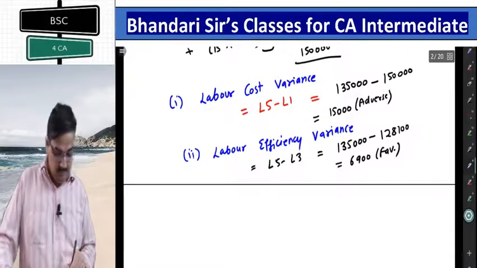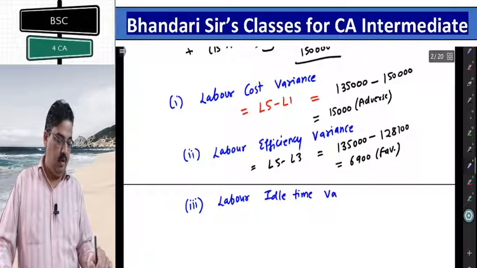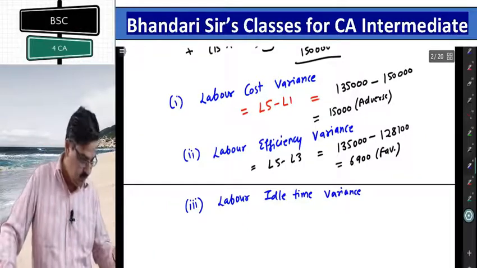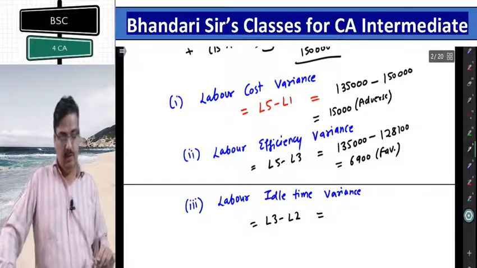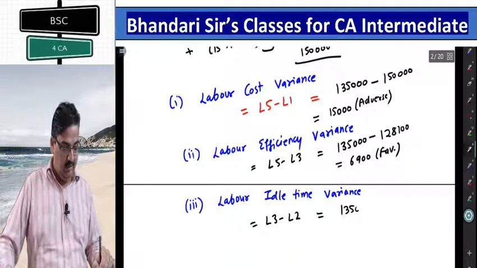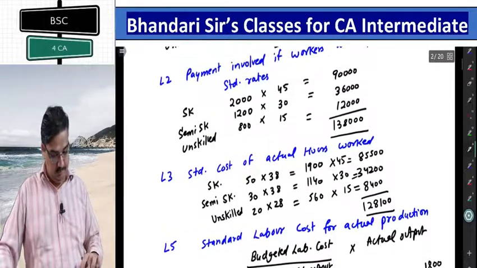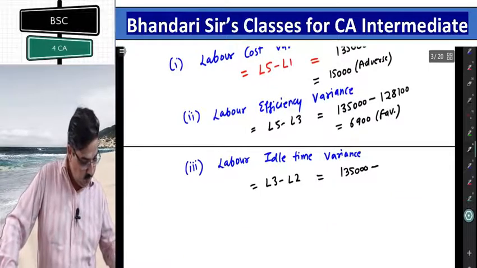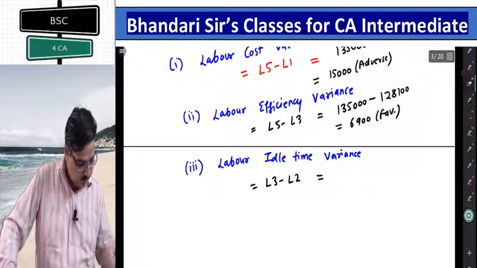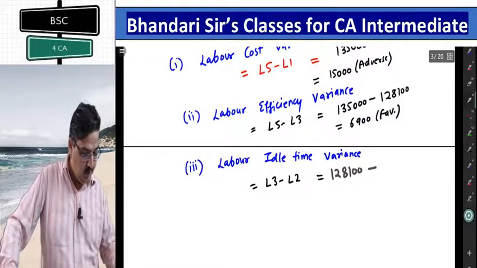Labor idle time variance, third. Idle time variance, L3 minus L2. L3 is 128,100 minus L2.